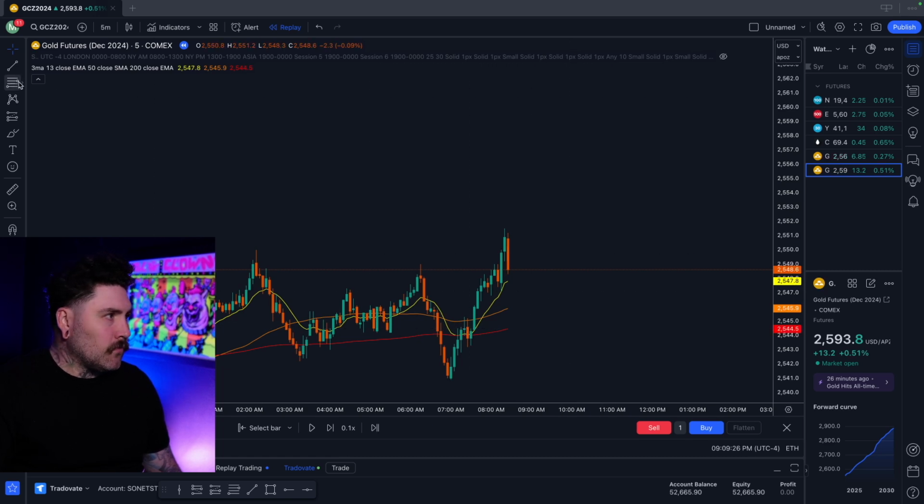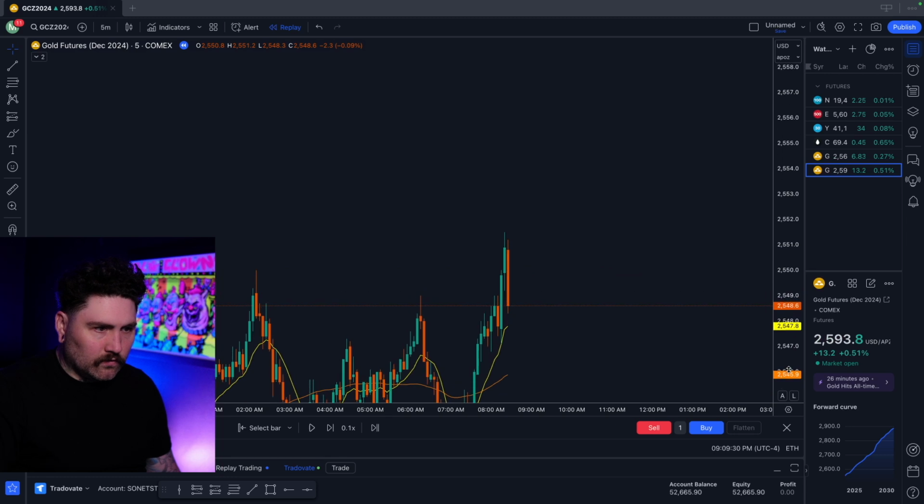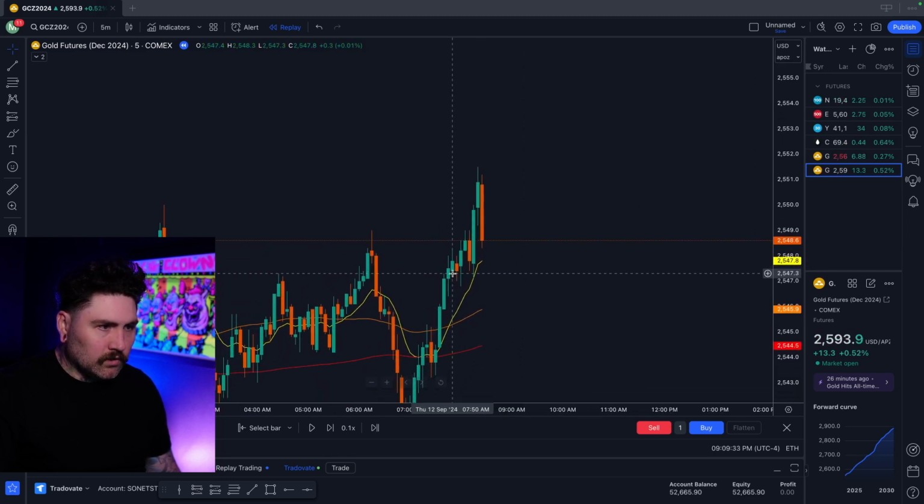So right here, I noticed right away that we had a nice push up. We had a nice push off of the 13 EMA.